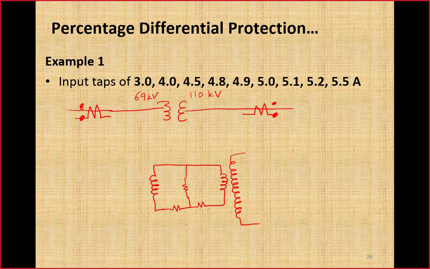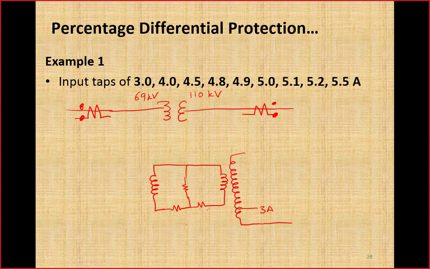So tapping starts from 3 to 5.5. So a 3 ampere tap means a few turns have been used like this. This is, let's say, the reference point. This is the reference end. This would be the 3 ampere tap.